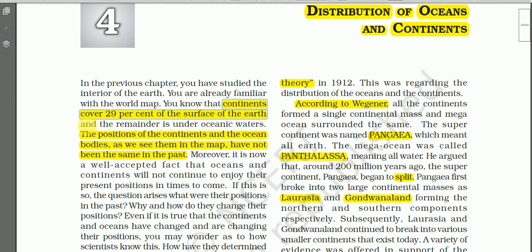The position of the continents and the ocean bodies as we see them in the map have not been the same in the past. All of you, I think, are familiar with the world map, and the positions of the continents and oceans which you are seeing today have not been the same in the past.